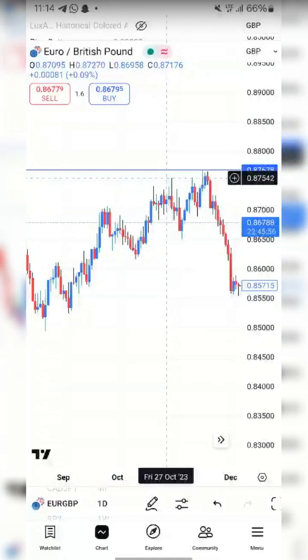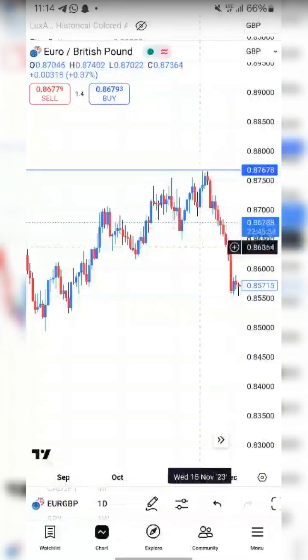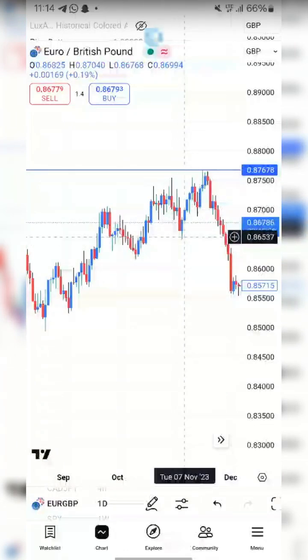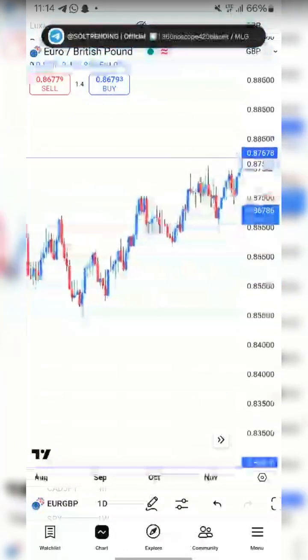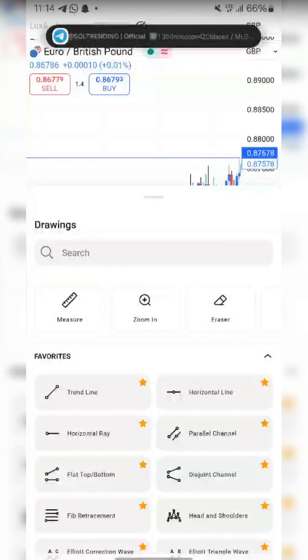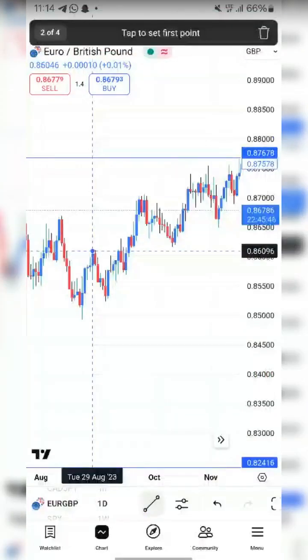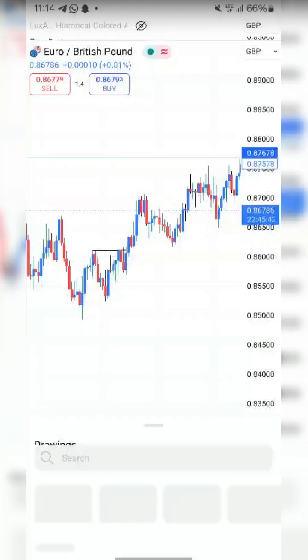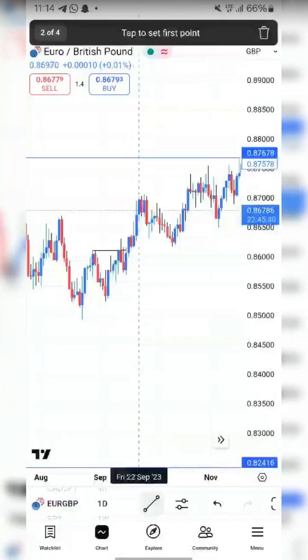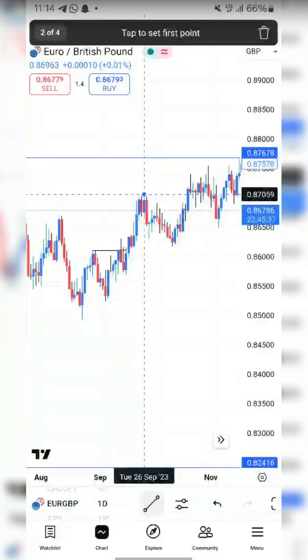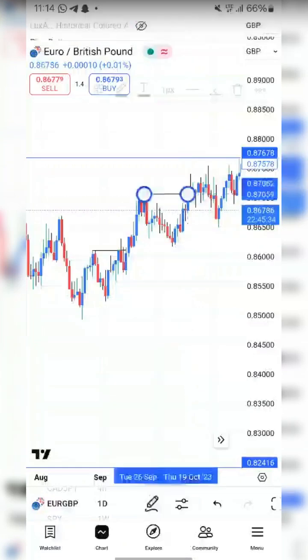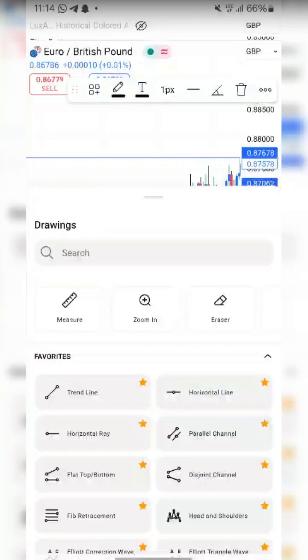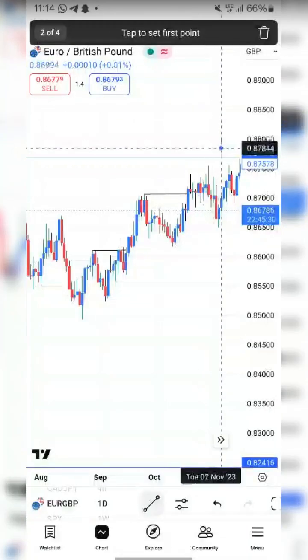Then what happened? It created a change of character here. So let me patiently mark this one out because this one is clearer and neat. Let me map it out. So this is the second one. This is the third one.